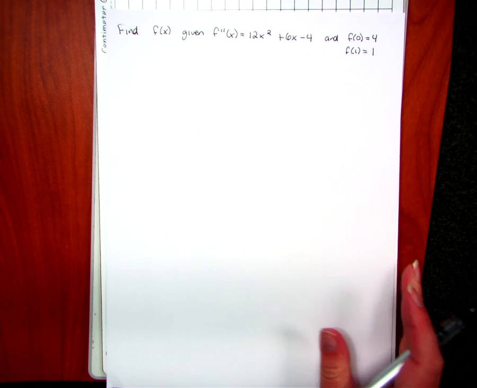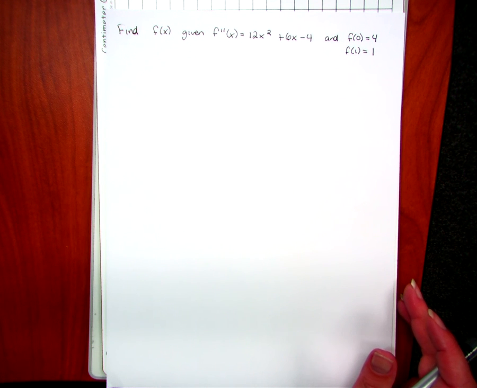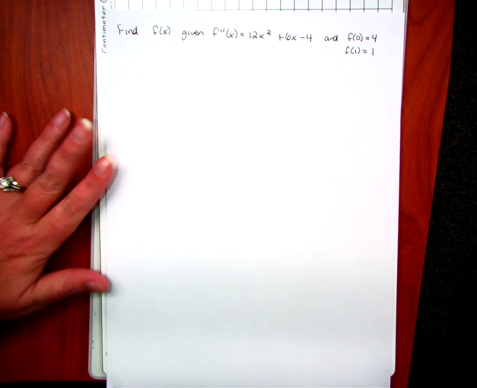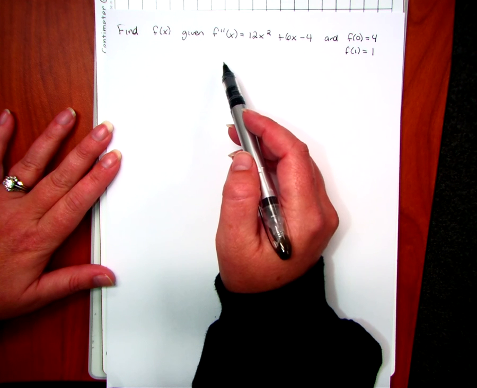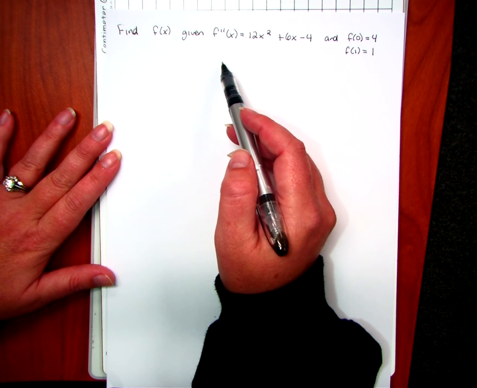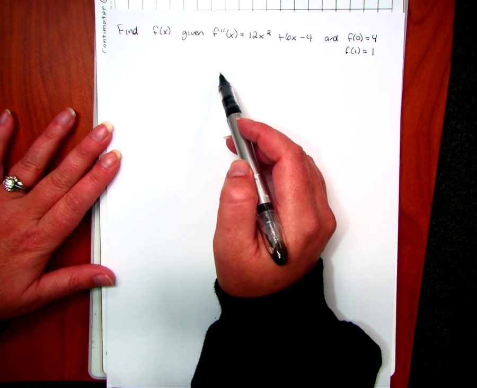Okay, so we weren't given f of x, we were given the second derivative of f of x. So if I find the antiderivative of f double prime, I'm going to get f prime. If I find the antiderivative of f prime, I'm going to get back to f. But it's going to create some constants in there, right?